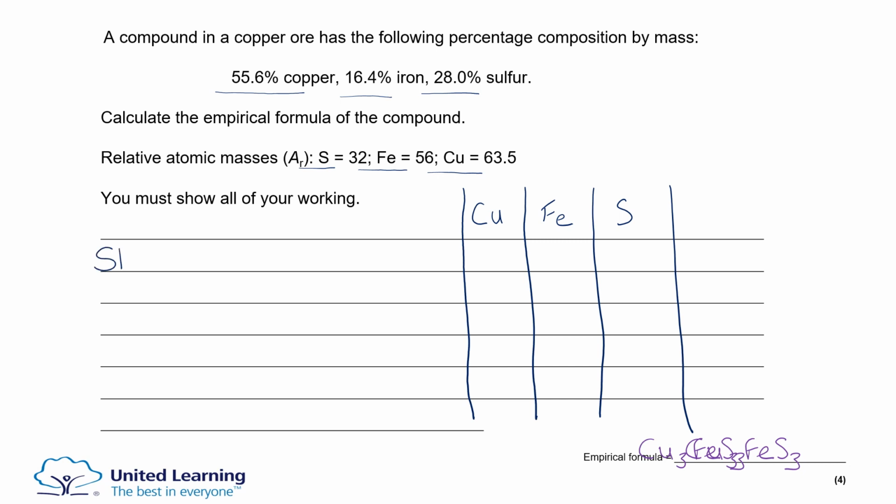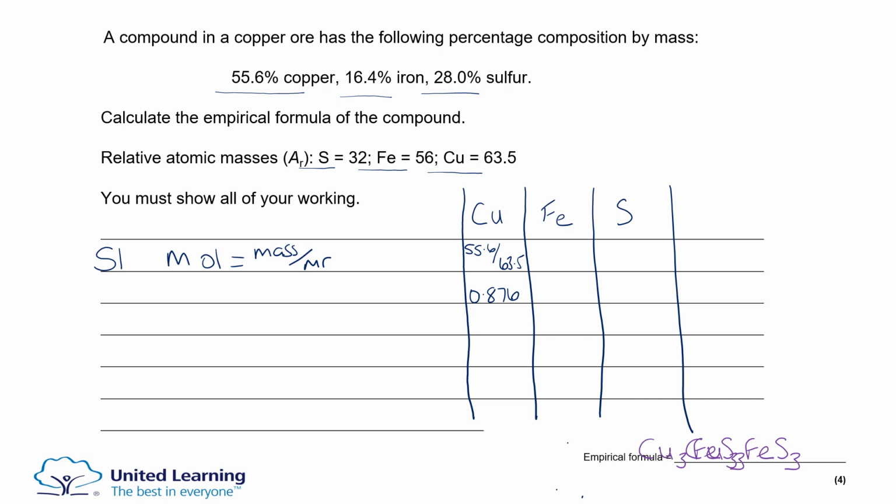So step 1, I need to calculate the mole for each of those, which is, of course, the mass divided by the MR. So for copper, it would be, in this case, 55.6 divided by 63.5, which is our relative atomic mass here. And that comes to 0.876, sorry.